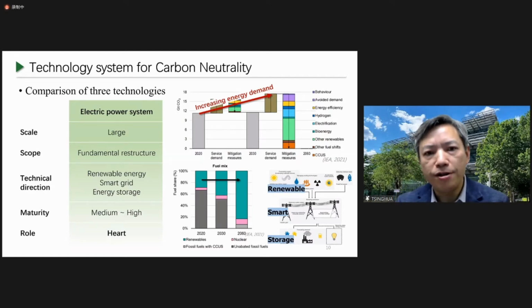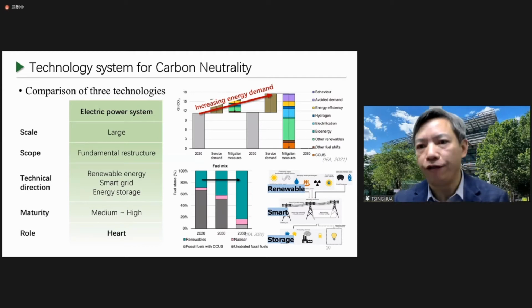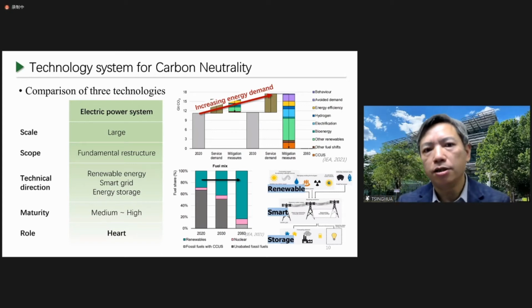For carbon neutrality in sectors like industry, transportation, and building, they will depend on the zero carbon electric power system. So on the strategy of electrification, it is foreseeable that energy demand will greatly grow in spite of efficiency improvement and structural change of energy use.